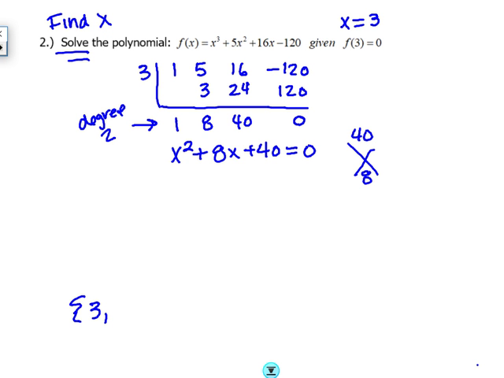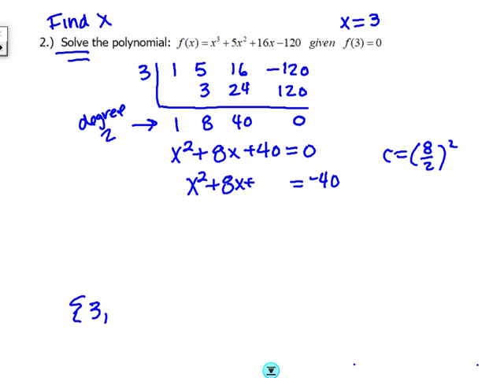All right, so what are our other options? We can either complete the square or use the quadratic formula. I'm going to complete the square. So I'm going to isolate. All right, lead coefficient is 1, so I can find C. C is going to be half of B, squared.